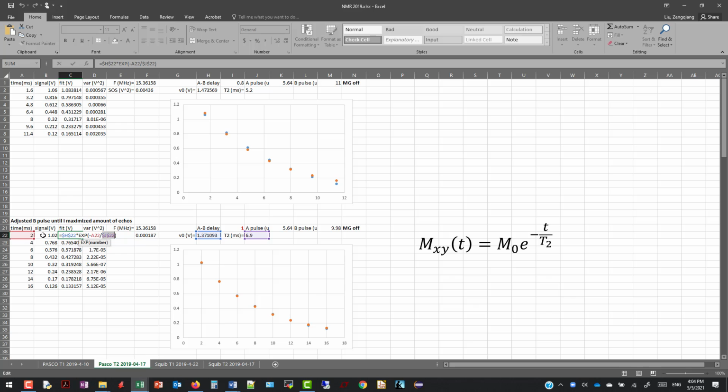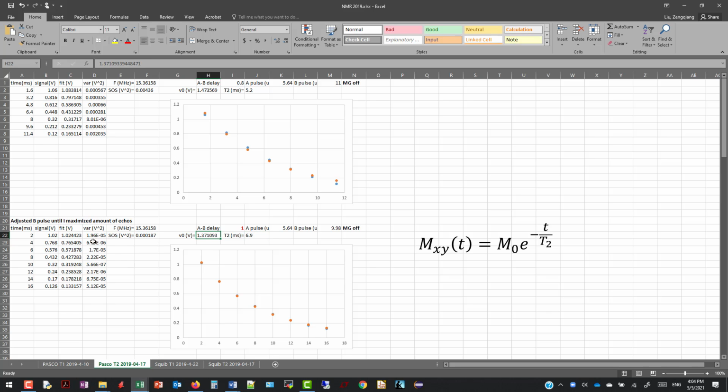So I did the fit and also calculated the variance between the actual signal and the fit result and squared that, and that tells me how good the fit is, and then I sum all those squares to get sum of squares. So then I'll just give these values and have Excel solver do the fit.